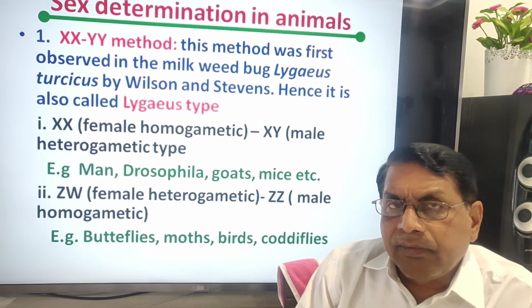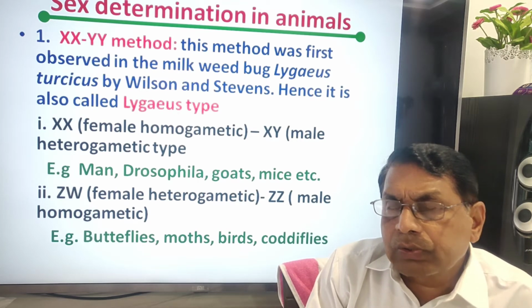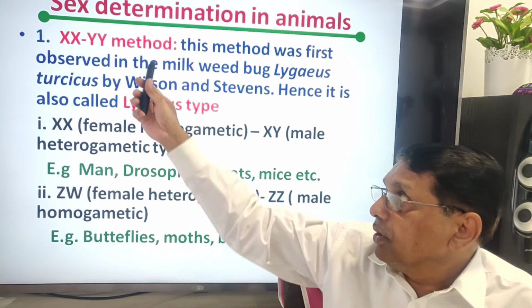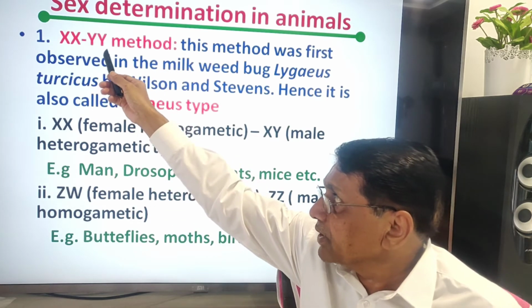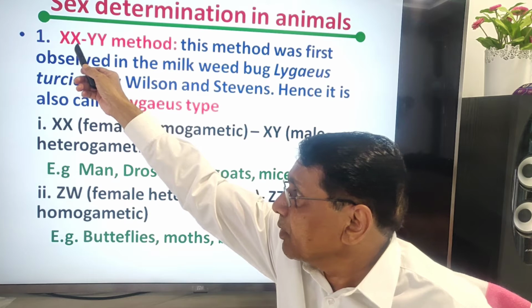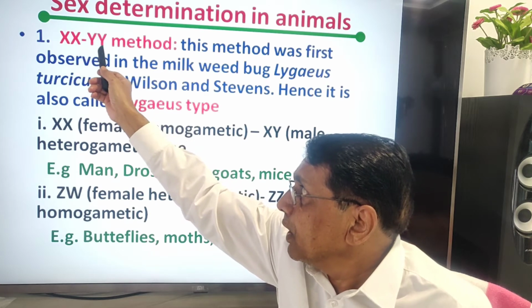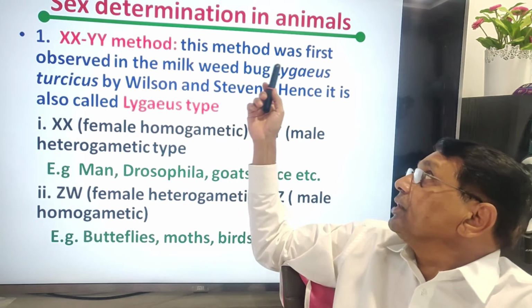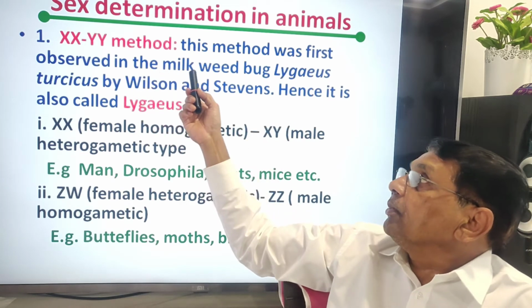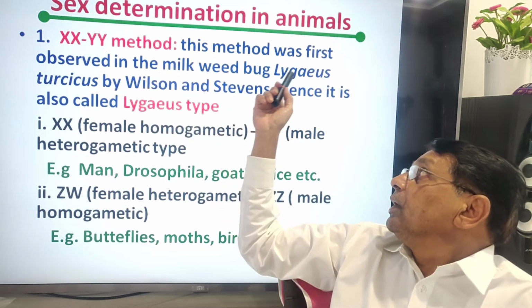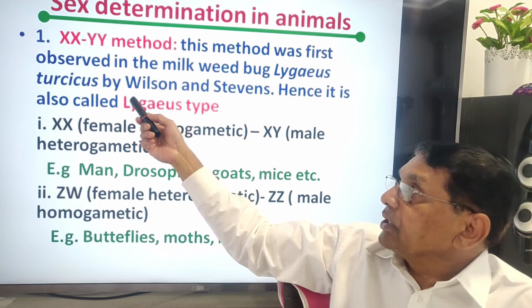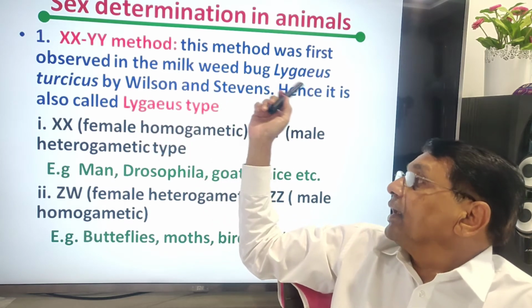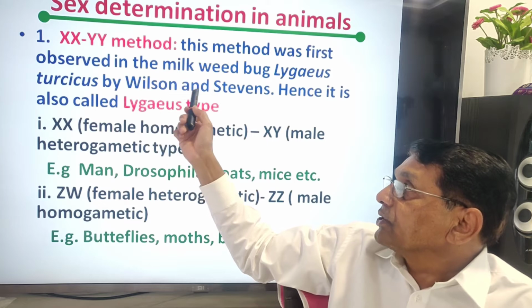Male and female differ with regard to the sex chromosomes. One method is the XX-XY method: XX female, XY male. This method was first observed in the milkweed bug Lygaeus turcicus by Wilson and Stevens, hence it is known as the Lygaeus type.